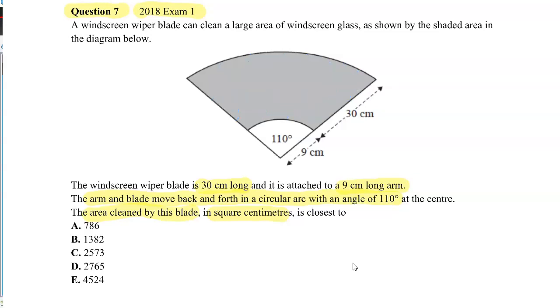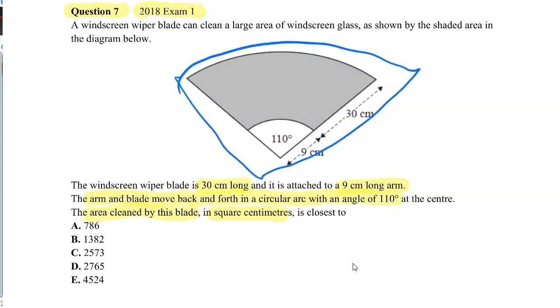Okay, so for me, I look at this and go, well, I need to figure out the area of the whole thing and then take away that little area there.